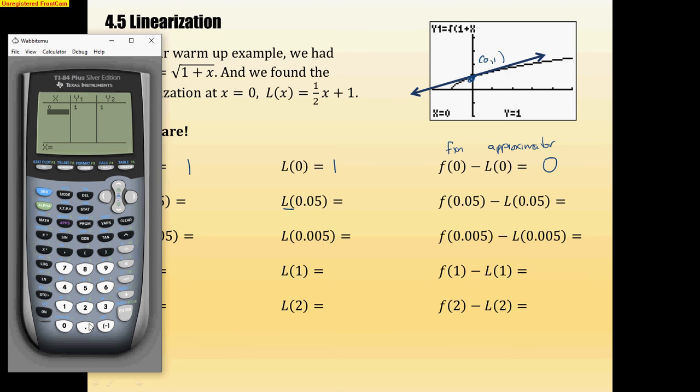Then I can put in 0.05 and 0.005 and 1 and 2.